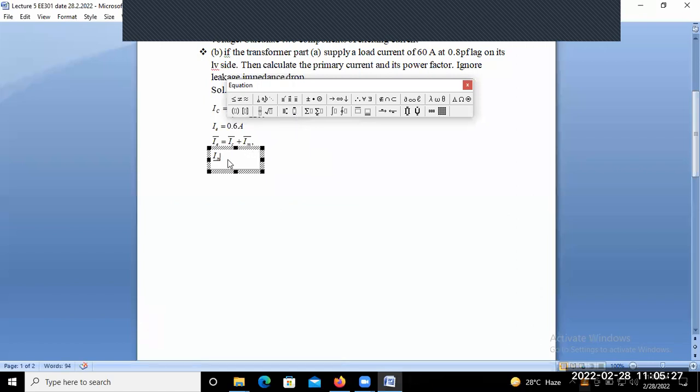IM equal to square root of IE square minus IC square. Just mute yourself, can you unmute it?